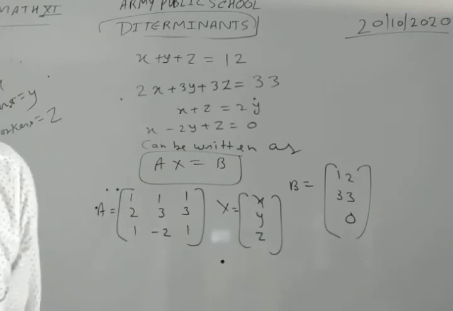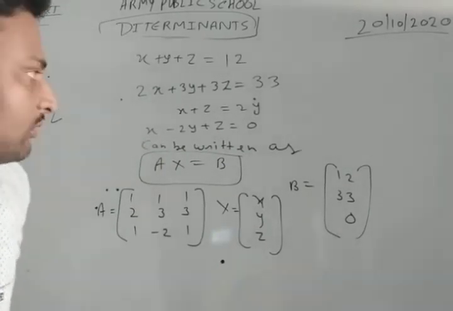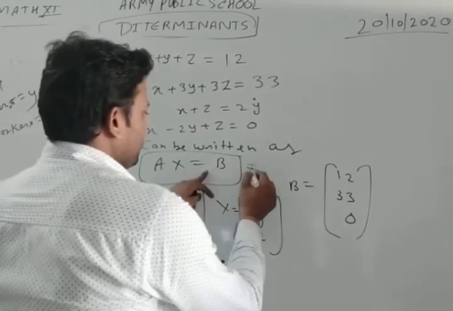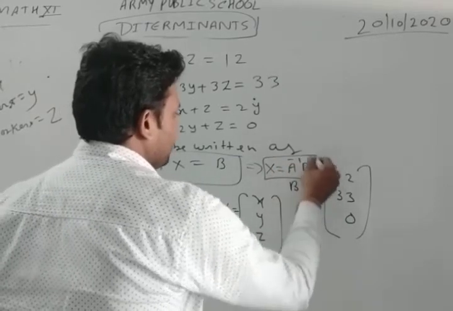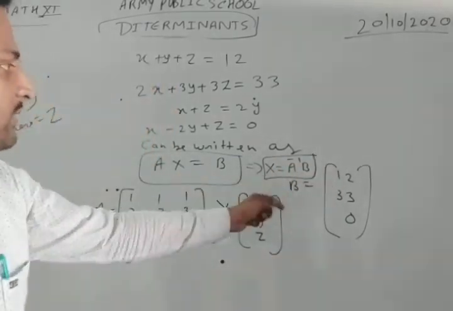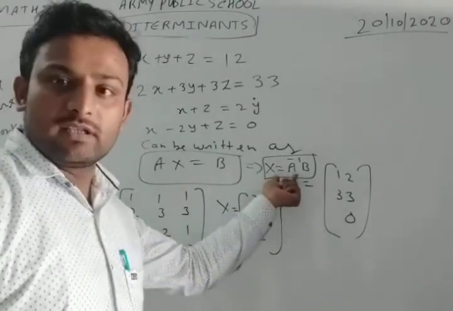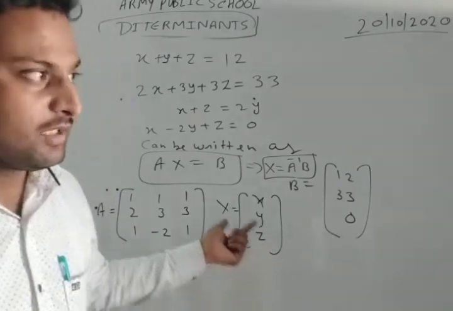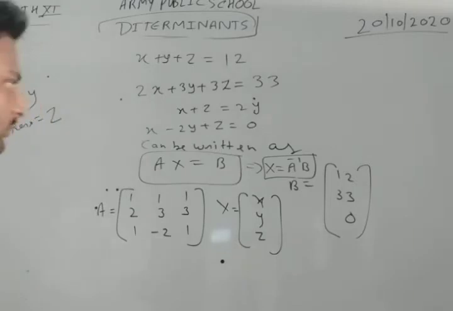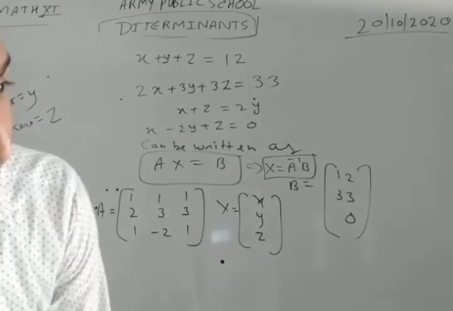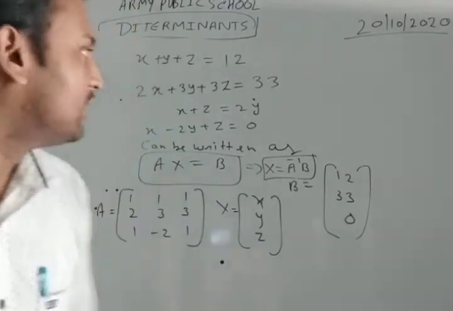Now we will find A inverse, because from here we see X is equal to A inverse B. If we find A inverse, we put the value in this equation and we get our x, y, z. So our first priority is to find A inverse. For finding A inverse, we find the adjoint of A. Okay, so let us start.